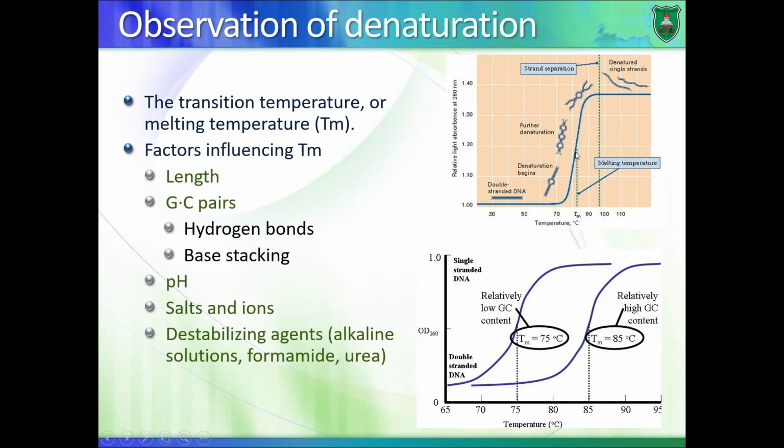As we increase the temperature, more and more hydrogen bonds are disrupted, and eventually the DNA becomes single-stranded. Now notice here the x-axis is the temperature, and the y-axis is absorbance of DNA. So notice that DNA absorbance increases as it becomes single-stranded, like I mentioned before.